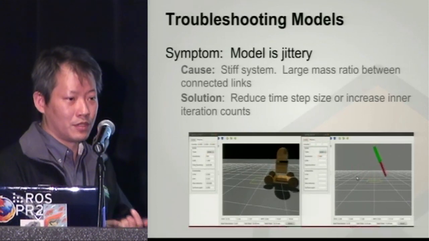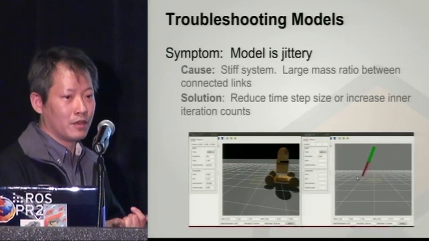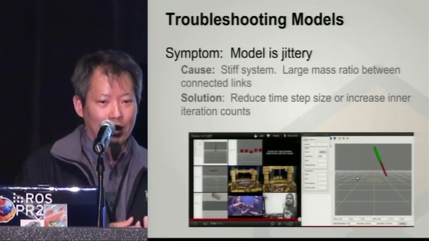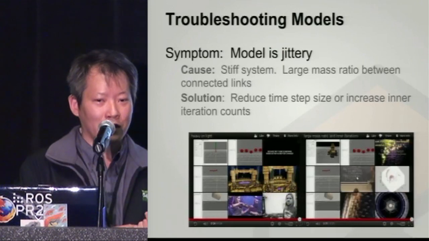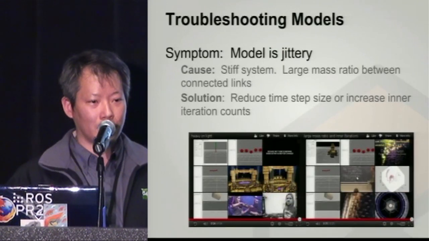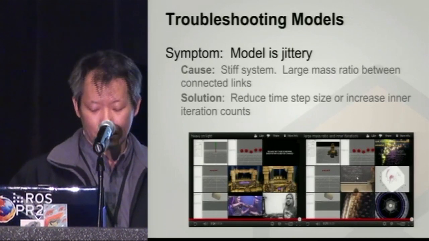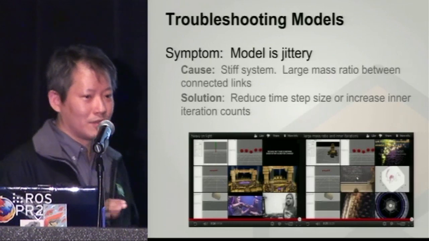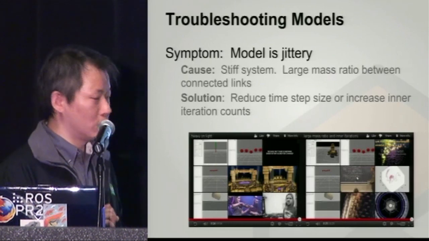One is by reducing the stiffness in your system. ODE has this blurb that recommends all the masses be unit masses, but you don't have to go to that extreme. You can help by just knowing that if you're connecting a 1,000 kilogram body to something that's 1 gram, you should expect the system to be much stiffer.